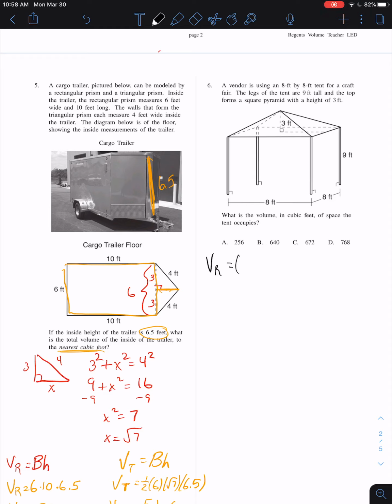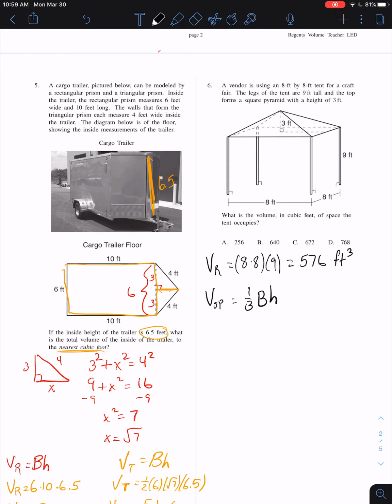The area of our base is going to be 8 times 8, and then our height is going to be 9. And we end up with 576 cubic feet. Now for the volume of our square pyramid, we actually have a formula for a pyramid, and the volume is 1/3 capital B times H, and remember, capital B stands for the area of the base.